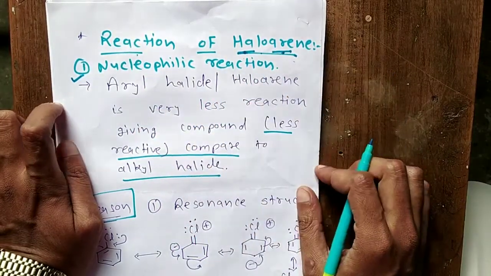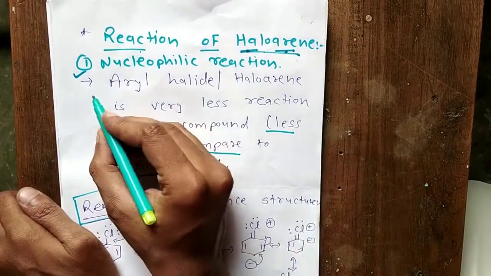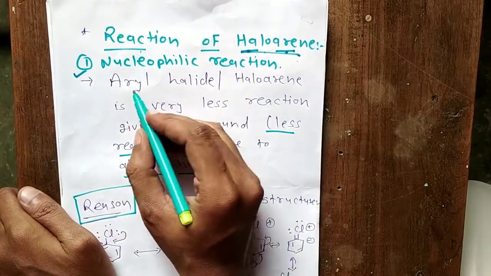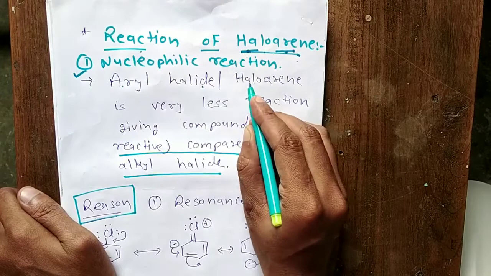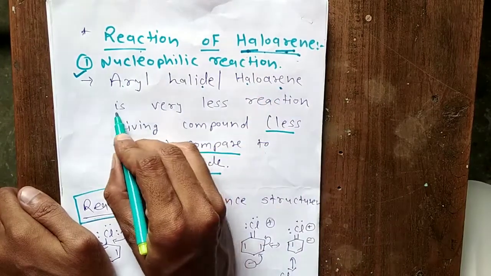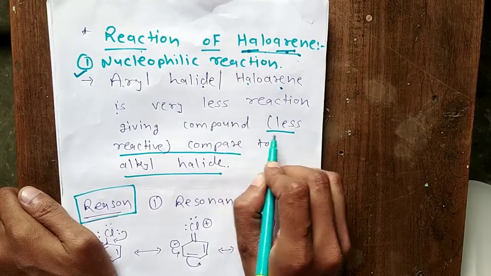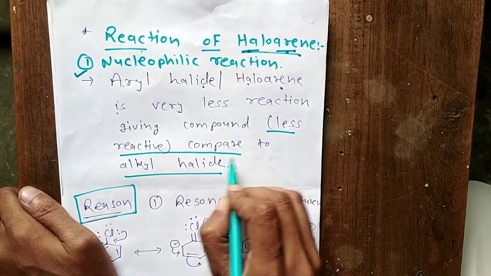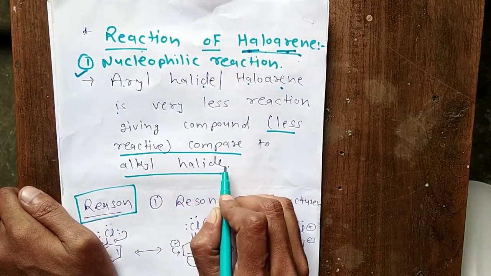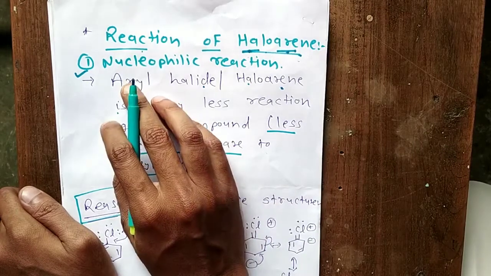Now in that, first, there is a reason that aryl halides or haloarenes are very less reactive compared to alkyl halides. Again, what is the question?